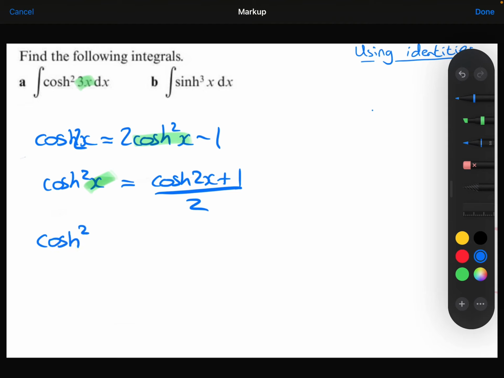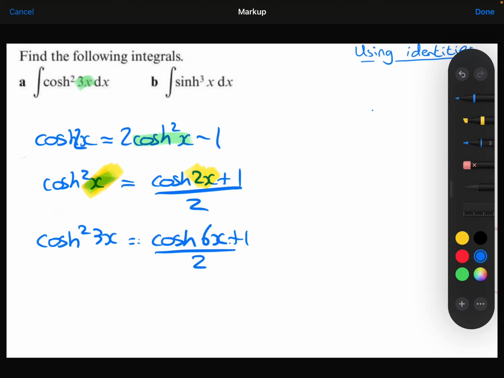So I'll have cosh squared 3x would be equal to cosh, so this is now going to be 6x. If I make this 3 times bigger, then this is going to get 3 times bigger as well and become 6x, plus 1 all over 2.